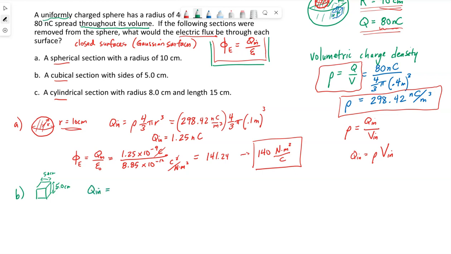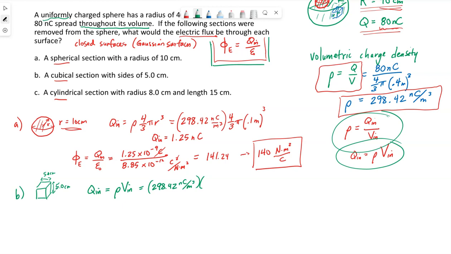The nice thing is we're still going to take the charge density times the volume. What we mentioned before, because the charge density is uniform, whether we're talking total charge over total volume or charge within a section divided by the volume of that section, that charge density is the same. And so we can take our charge density and multiply it by the volume of this cube.